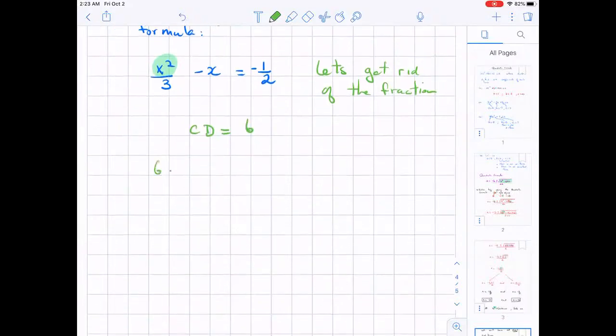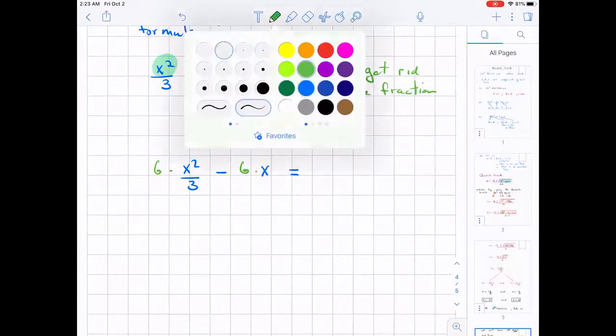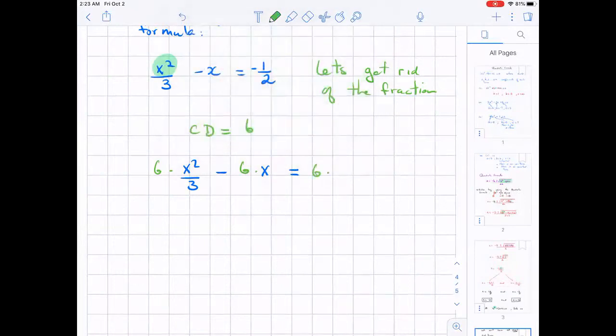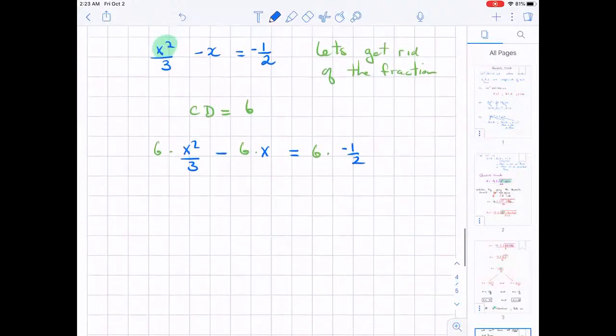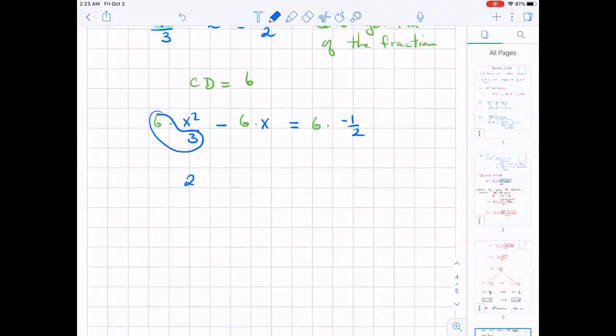So if we take 6 and multiply it by x squared over 3, minus, we take 6 and multiply it by x, and we take 6 and multiply that by minus 1/2. So notice that 6 divided by 3 becomes 2, so that's 2x squared minus 6x, and 6 divided by 2 becomes 3, so this becomes a minus 3.